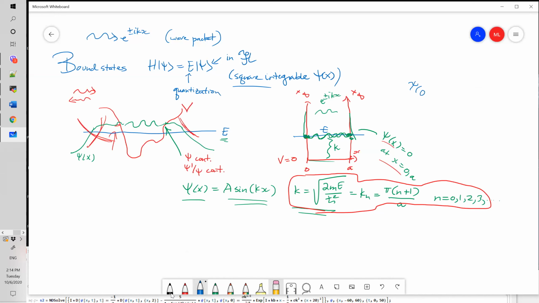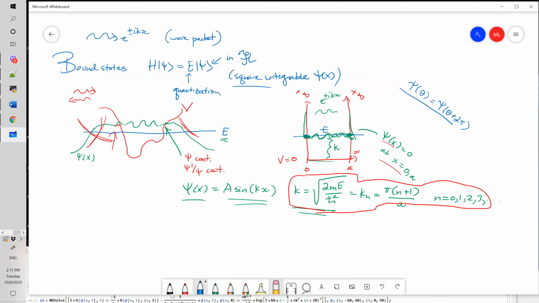If you think about functions, say, of an angle, then you have to be sure that the function is periodic in that angle. This is very similar to this kind of constraint where you force the function to vanish at the boundaries of some interval.